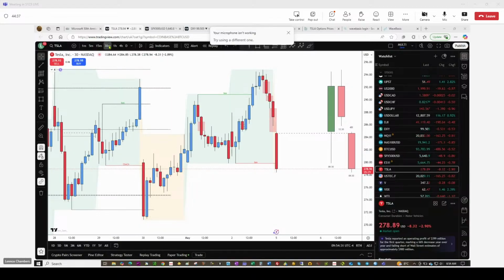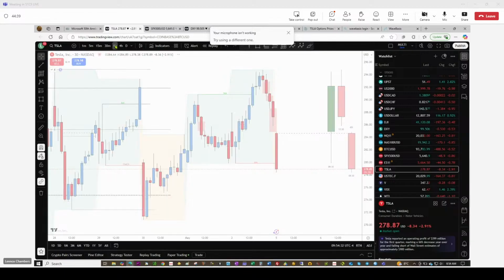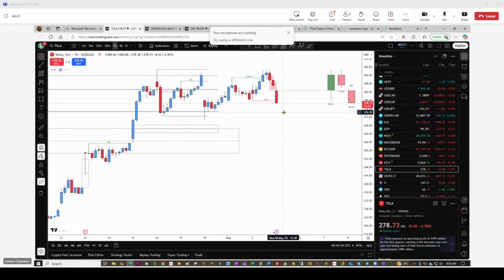We're still in quite the chop here on Tesla. Very choppy area. So now that they've swept everybody out, did they take these guys? They did not. Interesting. So they didn't take out, or did they? Let's see. 294.78. They did not take out this high. Interesting. So we're looking for them to come down and take out these lows.